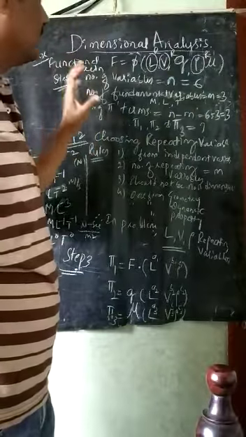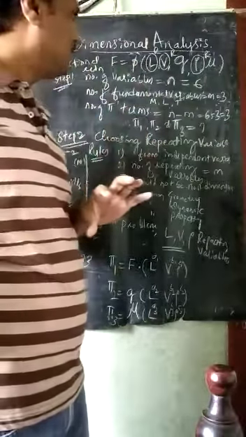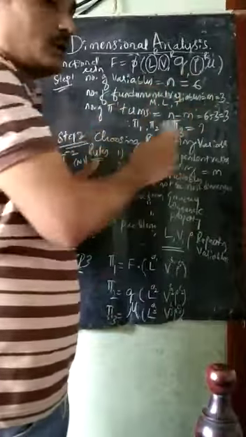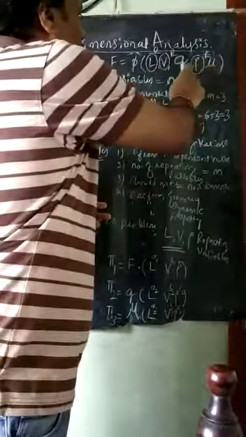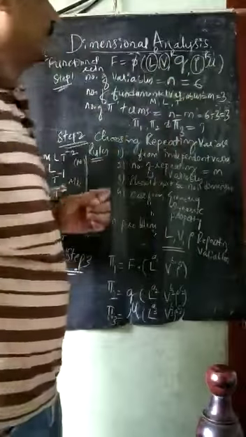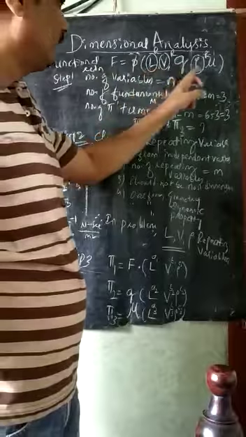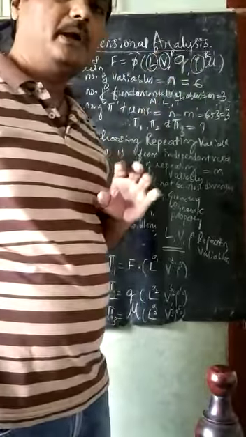Total number of variables in this problem is 6, that is n is equal to 6. 1, 2, 3, 4, 5, 6. Out of 6, 1 is the dependent variable and 5 are the independent variables.